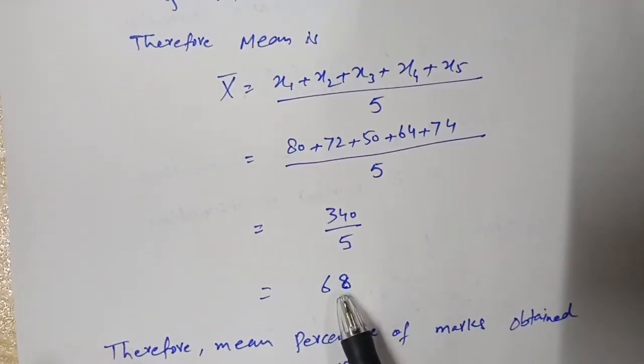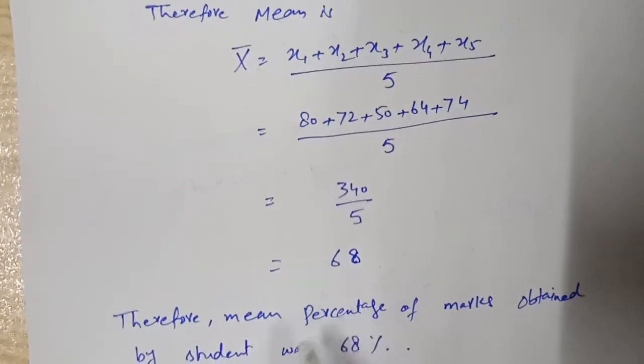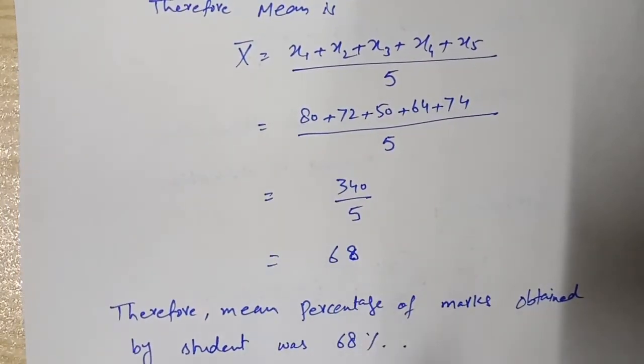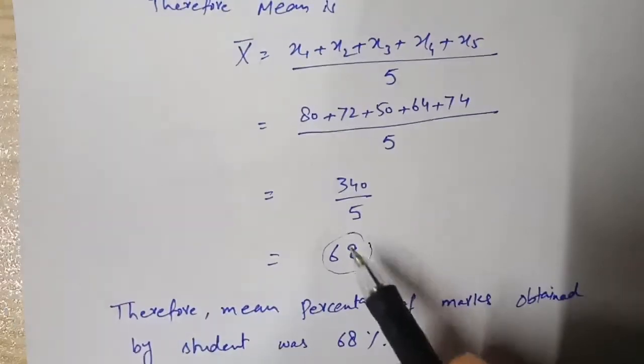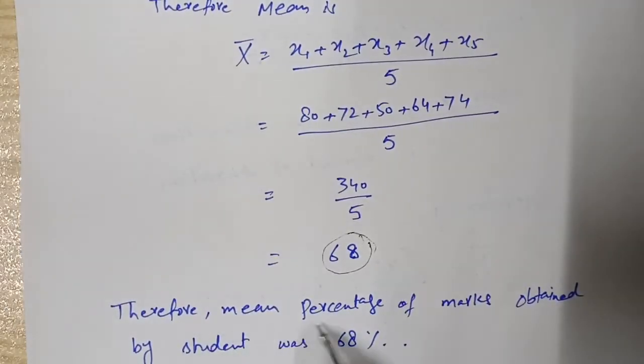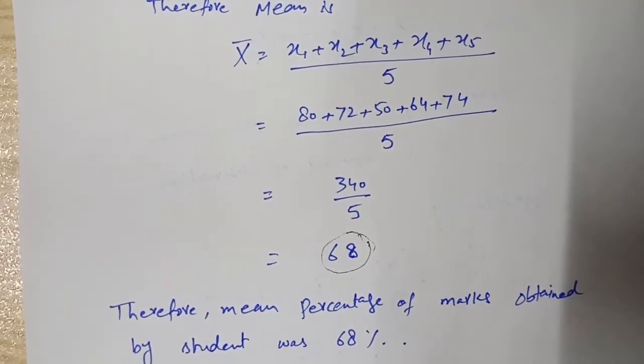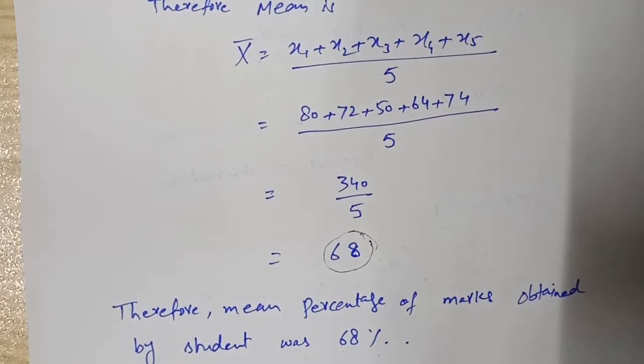This value is our mean. So the mean percentage of marks obtained by the student was 68%. In common language, we can say this mean is the average of the data. So this was the first example.